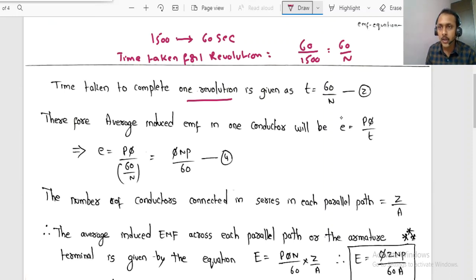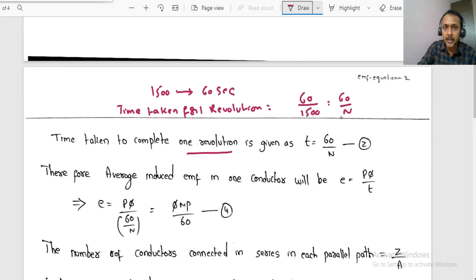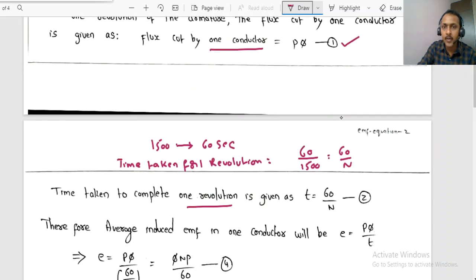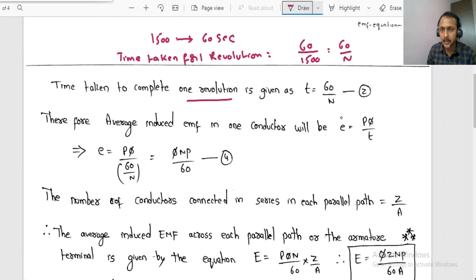This is the time taken to complete just one revolution. First, we will do all the calculations for how much voltage is induced in one revolution for one conductor. Now the average induced EMF is given by P phi by T, where P phi indicates the flux cut by the conductor and T indicates the time taken for one revolution.